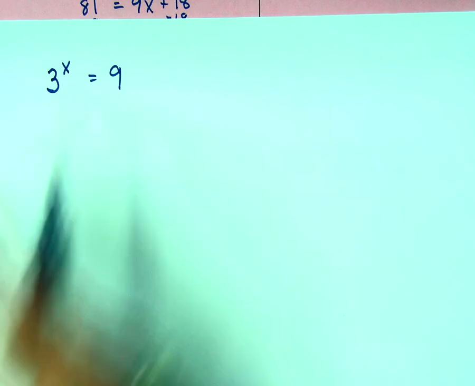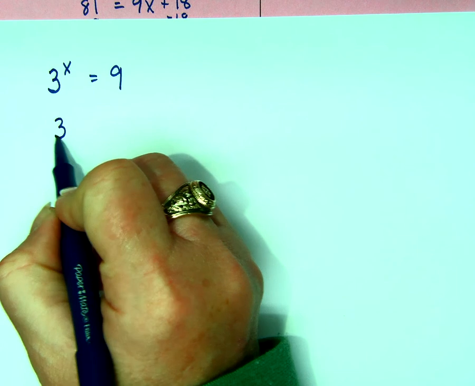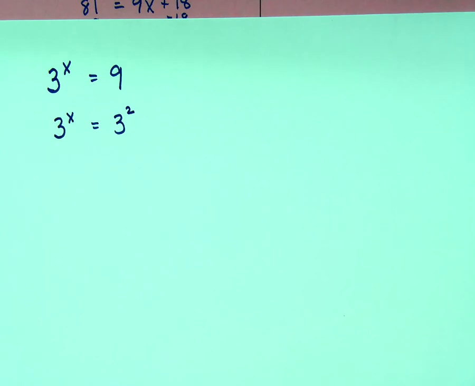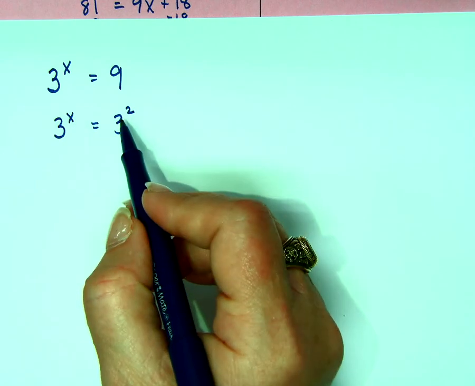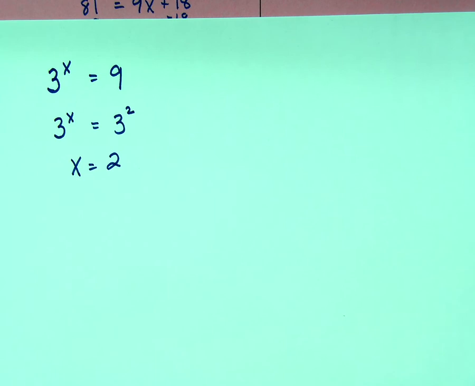What we did is said we need to get the bases the same, right? And in our thought process, we did 3 to the x equals 3 squared. And if the bases are the same, then the exponent should also be the same. So x should equal 2, right? And that's the kinds of solving exponential equations that we did before, because that's really all we could do.